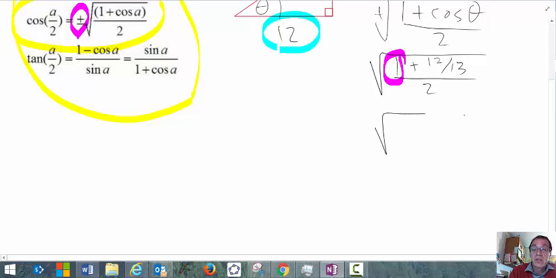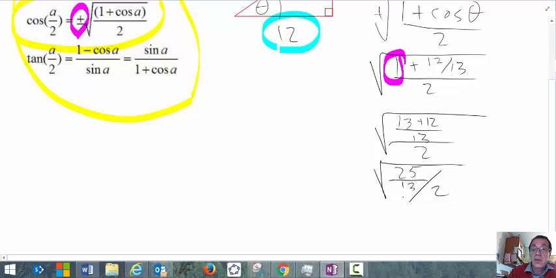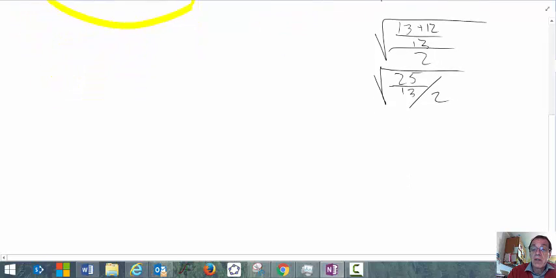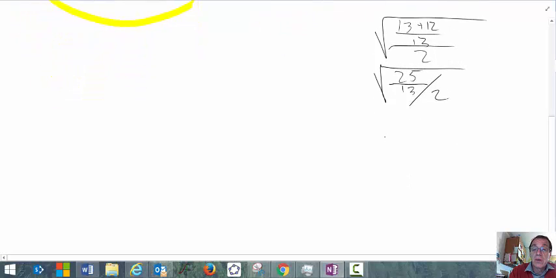Which will let us simplify this as 13 plus 12 over 13 all over 2. 13 plus 12 is 25, so we get the square root of 25 over 13 all over 2. Now if we use the copy dot flip method for this denominator, we're going to end up with the square root of 25.